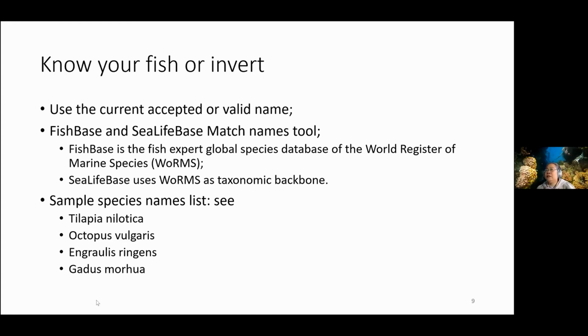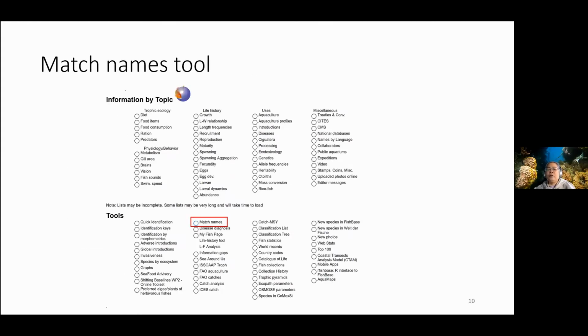How do we do that? So I'm just showing you here a sample list of 4 names. They might be fish, they might be not fish. And there is a match names tool in FishBase, and you can find that under tools.